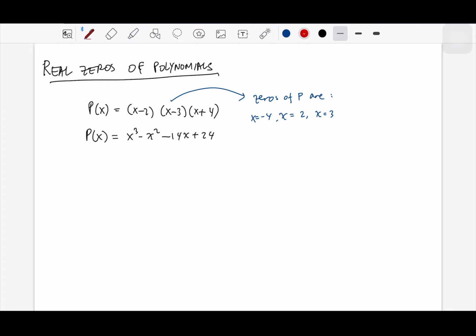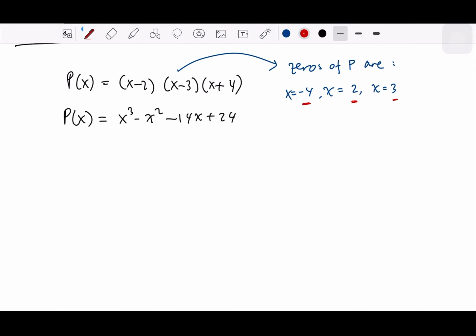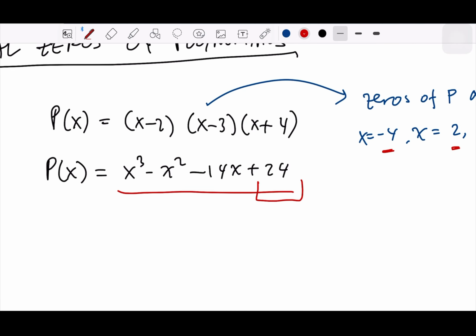And we see these numbers, and when we compare with what we have in the P, let's look at this 24, because this 24 is the result of multiplying all the components. If you see this -2, -3, and 4 are multiplied, it becomes 24, right?